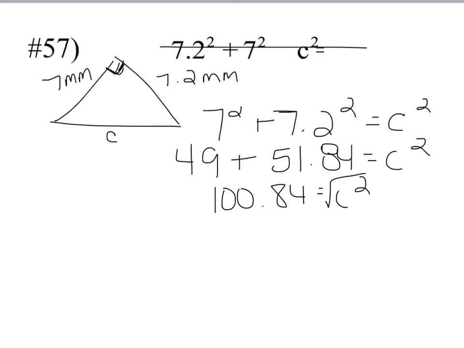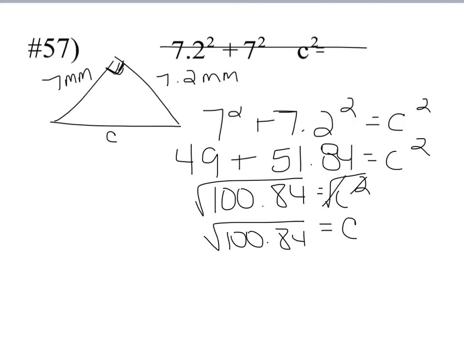I need to square root both sides because I want to know what C is, not C squared. So I get C is equal to the square root of 100.84. Okay, you can't do a factor tree for that because of the decimal. So they just want the exact answer.